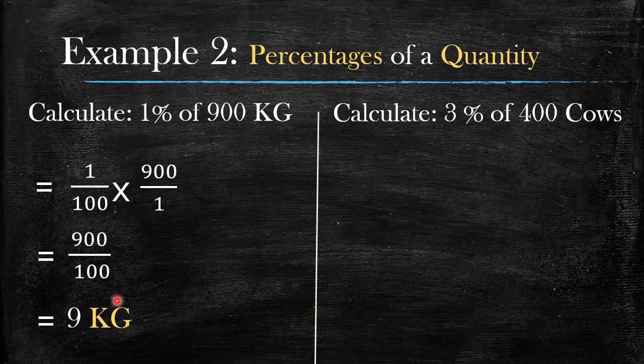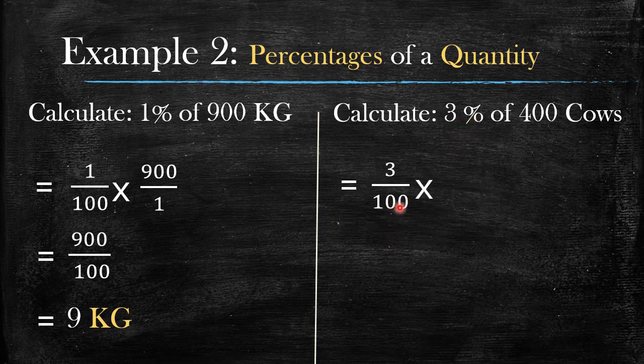Okay? So calculate 3% of 400 cows. Imagine you want to marry a lady and her father decides, no, I want 3% of your cows. Like 3% of your 400 cows. How many cows do you give the uncle? So we put the 3, because it's a percentage, 3 over 100.